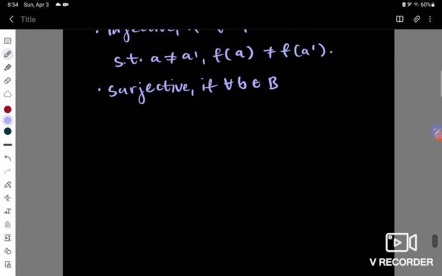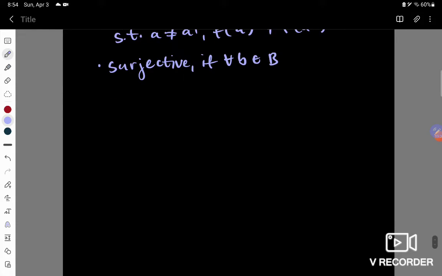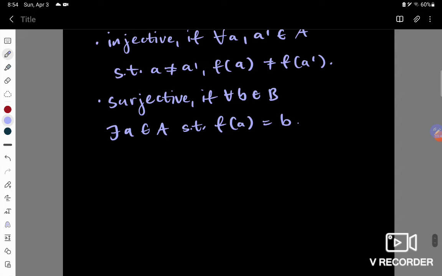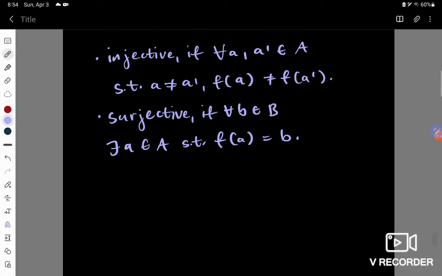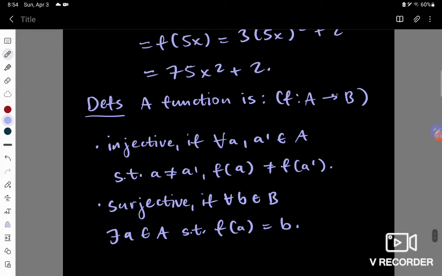So surjective if for all b in B there exists an a in A such that f of a equals b. So that is if a function's image set is its range. So if every value in B gets hit by f. So f reaches everything in B is surjective.